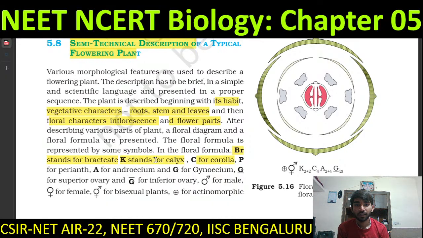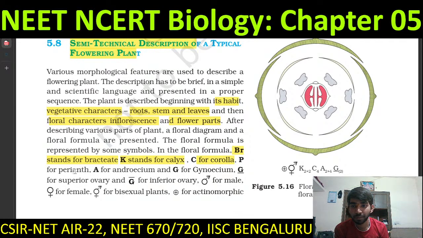Just try to say calyx and try to write it with K, so you will remember it for a long time. So K is for calyx. Although you can say I can write corolla also starting with K, but for you to remember, try to write calyx with K-A-L-Y-X, so that you remember that if there is a symbol K, then it is for calyx.